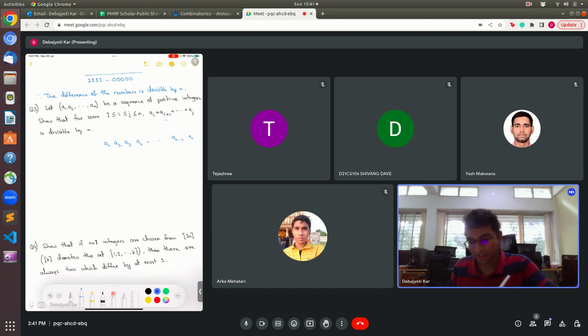There will exist two indices, let's call them i and j, such that the sum of the elements from a(i+1) to aj will be divisible by n. So there is some contiguous subsequence whose sum is divisible by n. That is what we want to show. Okay, is the question clear?